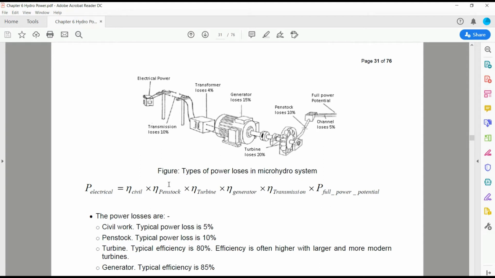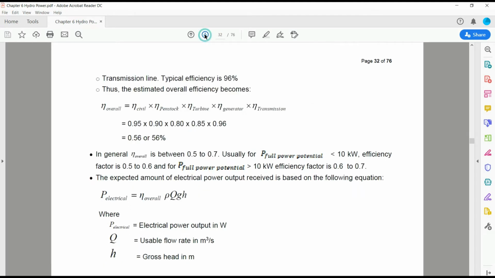So we have 1, 2, 3, 4, 5 losses. For the transmission line, typically efficiency is 96%, meaning 4% losses. Thus, the estimated overall efficiency, when you calculate all, you will get 0.56 or 56% only.